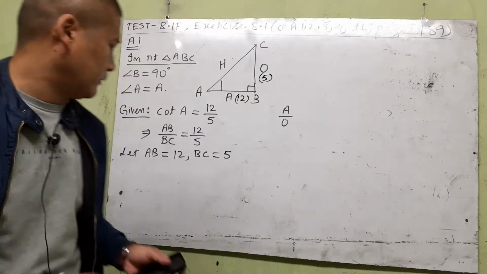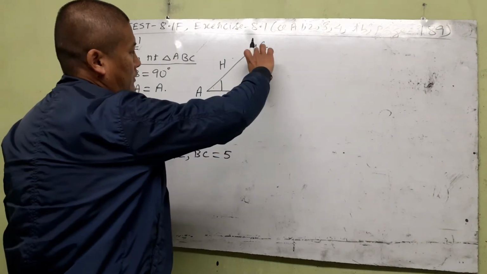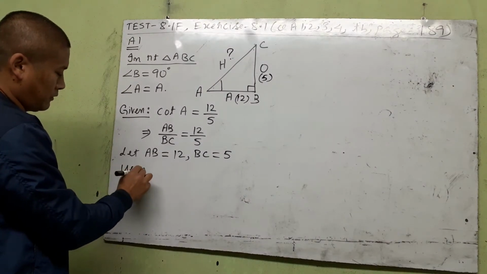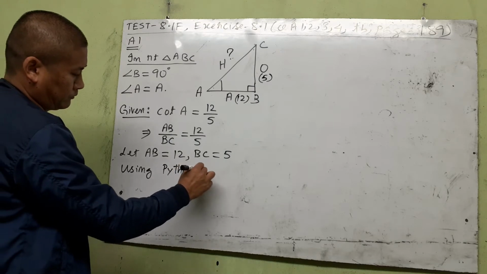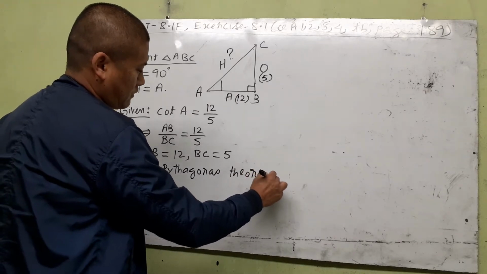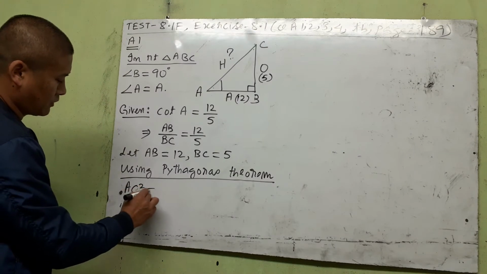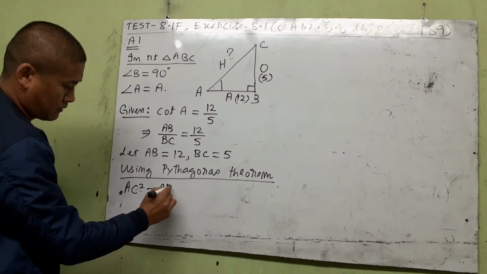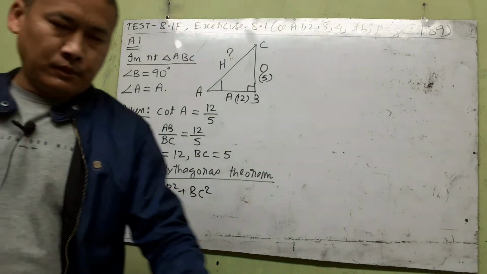Now in the right triangle, if two sides are known, AB 12 and BC 5, then the unknown third side, the hypotenuse, can be found out by using the Pythagoras theorem. So the equation will be AC square is equal to AB square plus BC square, or we can also write BC square plus AB square. Doesn't make any difference, right?